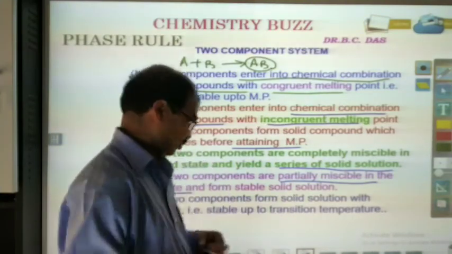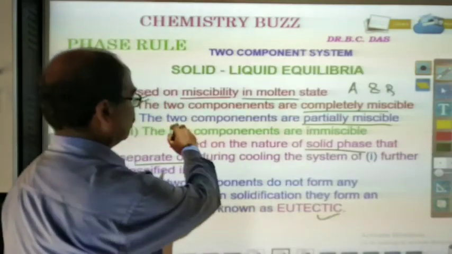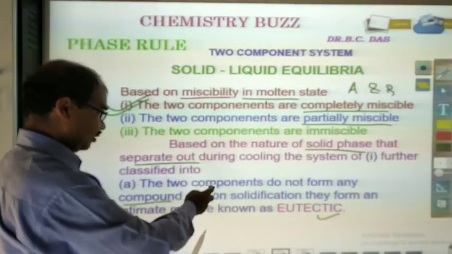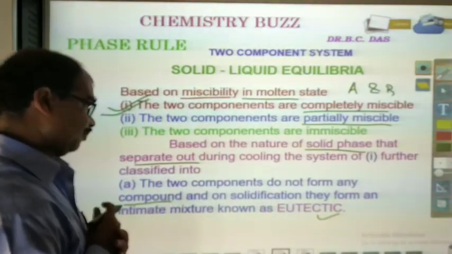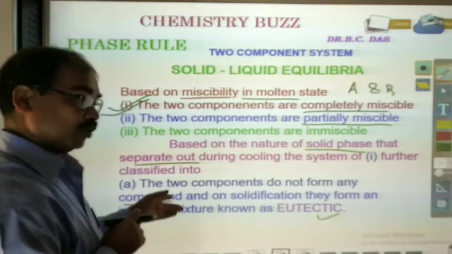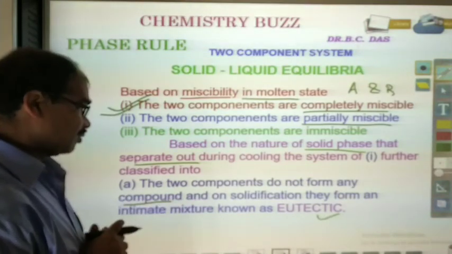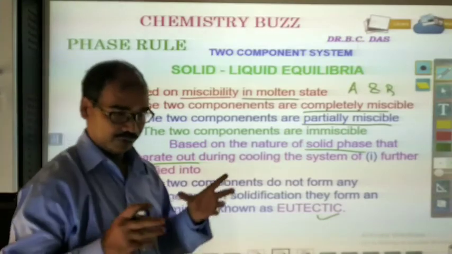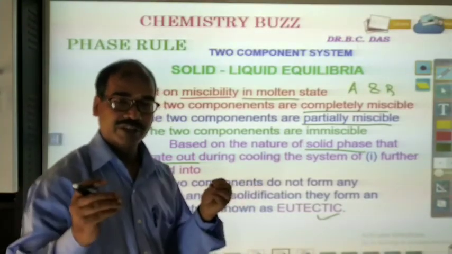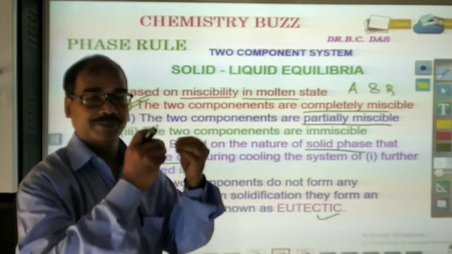The two components do not form a compound, and on solidification, that means we have taken two solids and let us heat them.